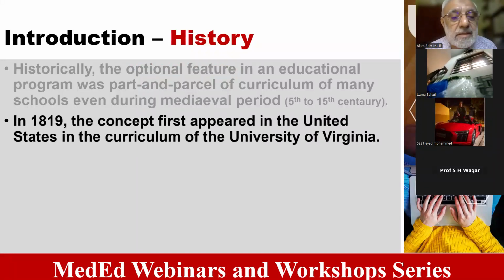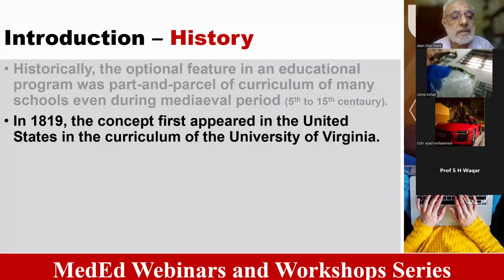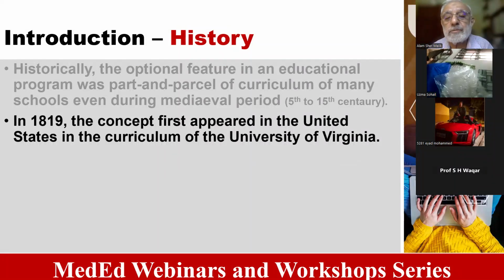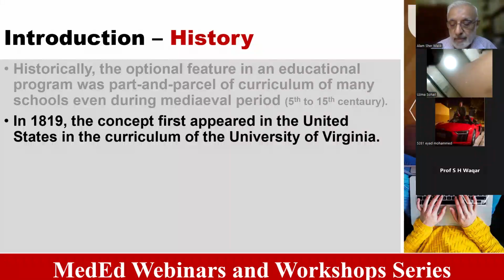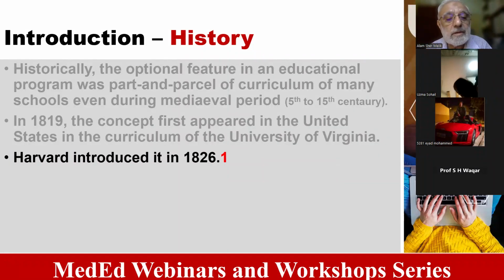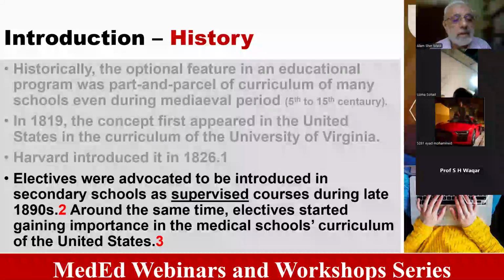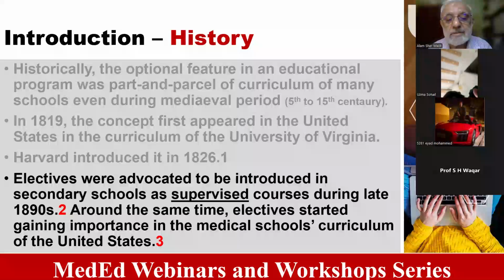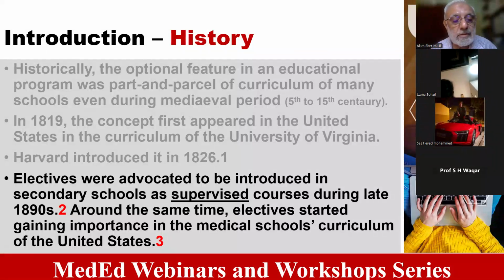In 1819, the concept first appeared in the United States in the curriculum of the University of Virginia. Harvard introduced it in 1826, nearly 200 years ago. Electives were advocated to be introduced in the secondary schools as supervised courses during the late 1890s. Around the same time, electives started gaining importance in medical school curricula of the United States.